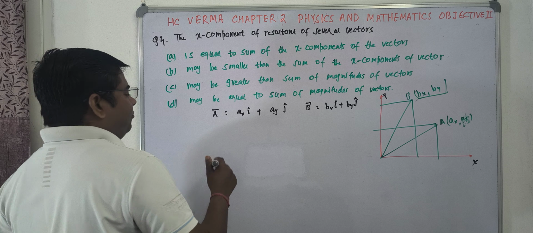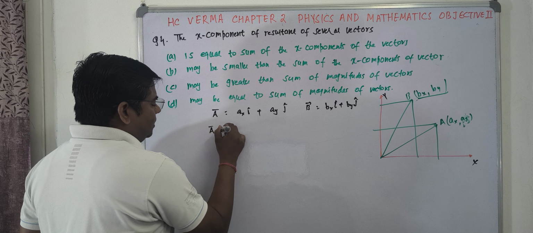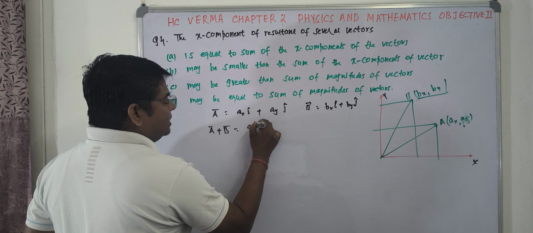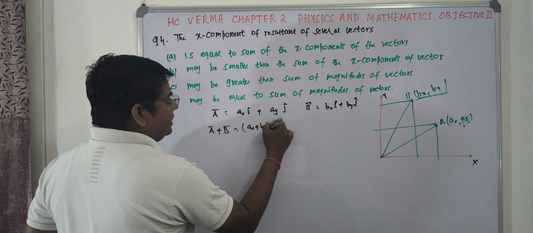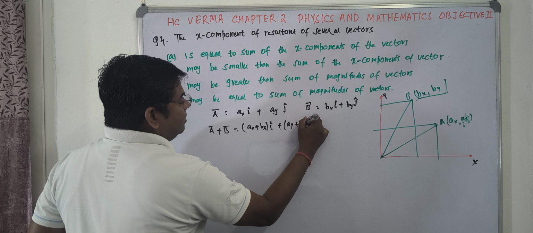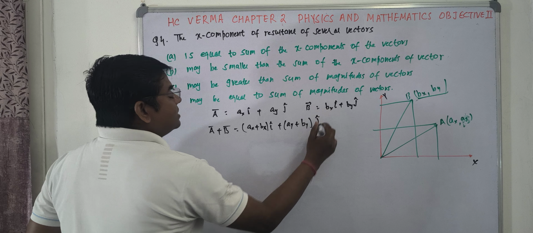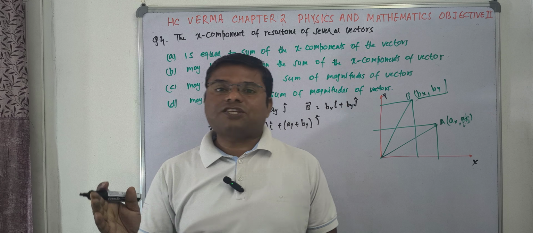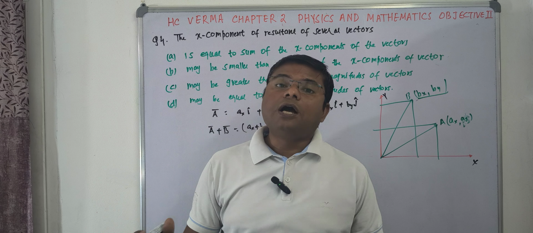So a plus b is (ax plus bx) i plus (ay plus by) j. That is the addition of two vectors. By definition, if we add two vectors, then the x components must be added and the y components must be added.